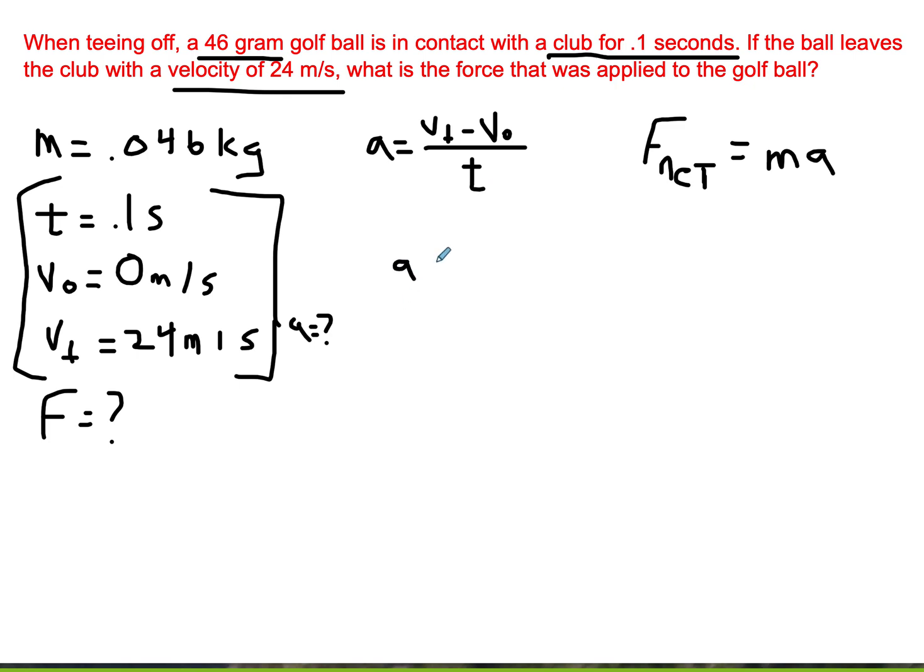So it's 24 minus 0. Excuse me for not putting the units in. And that's divided by 0.1. So 24 divided by 0.1, if you punch that in your calculator, is 240 meters per second squared.